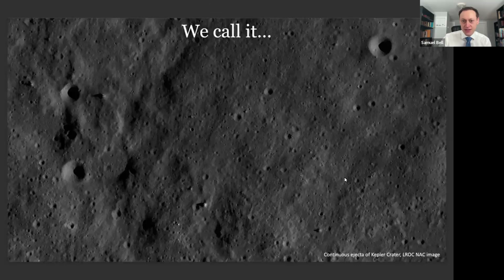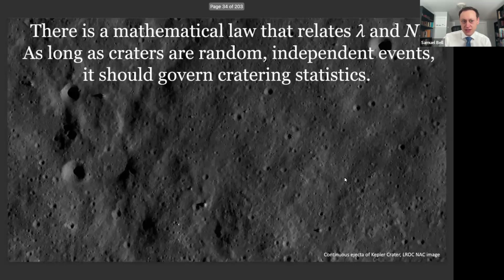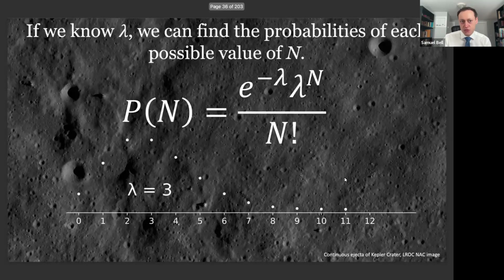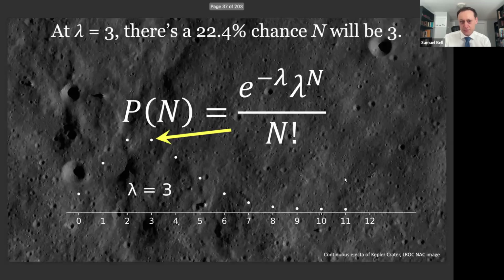We call it lambda. There is a mathematical law that relates lambda and n. As long as the craters are random independent events, it should govern cratering statistics. The Poisson distribution. If we know lambda, we can find the probabilities of each possible value of n.